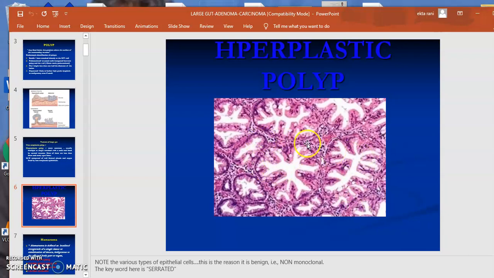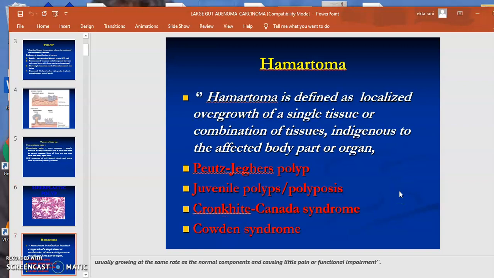You can note the serrations. A hyperplastic polyp has serration and various types of epithelial cells.